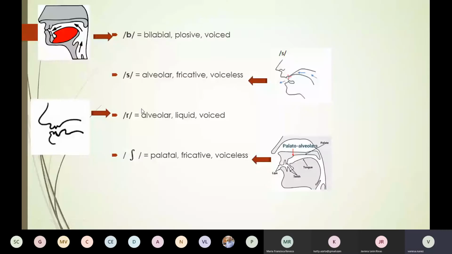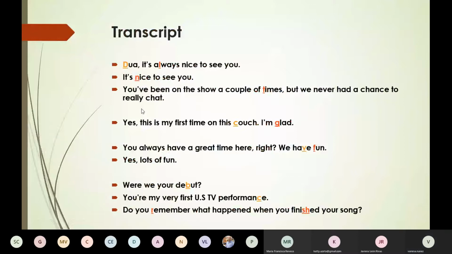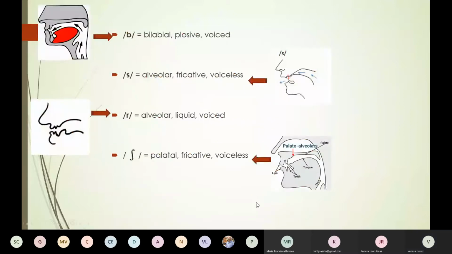The sound for finished is palatal. Can some of you tell me what palatal means? Palatals are the sounds that occur by raising the front part of the tongue to the palate.